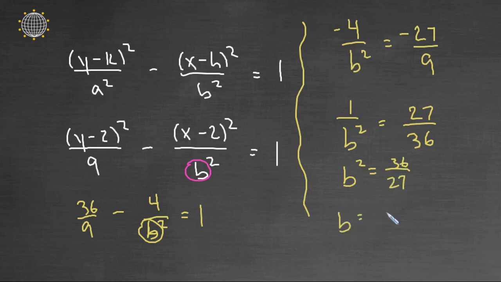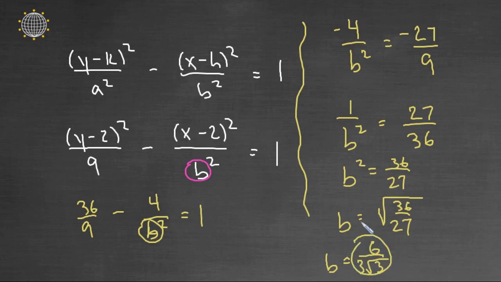And so b would equal the square root of 36 over 27, which would be 6 over the square root of 27, and the square root of 27 would be 3 root 3, because that's 9 times 3. The square root of 9 is 3. And so this is our b value. So we would want to put b². Now, actually, I didn't even need to do the last step. I should have noticed this earlier. I really just need the b² down here, which is already provided, 36 over 27.